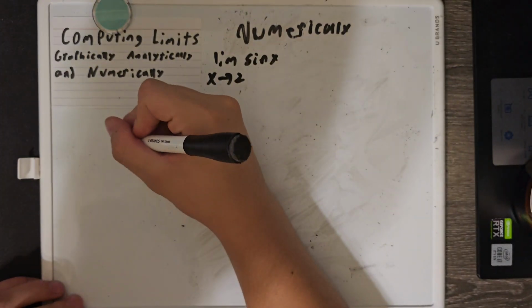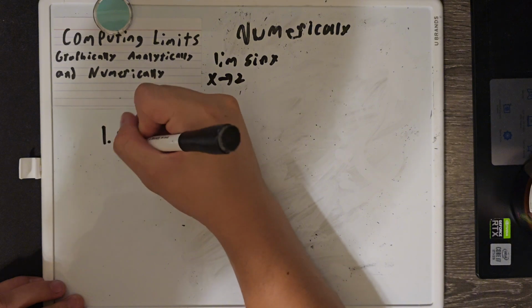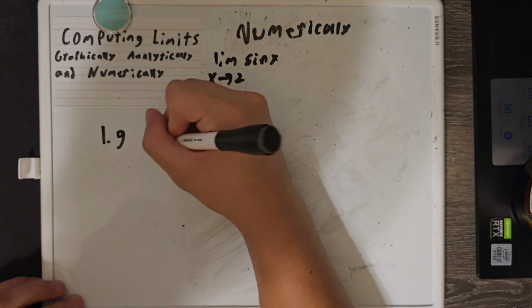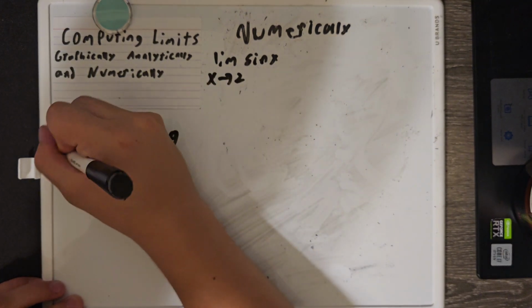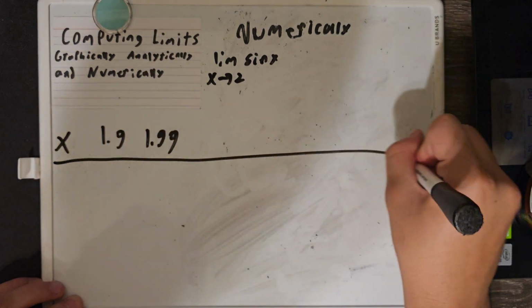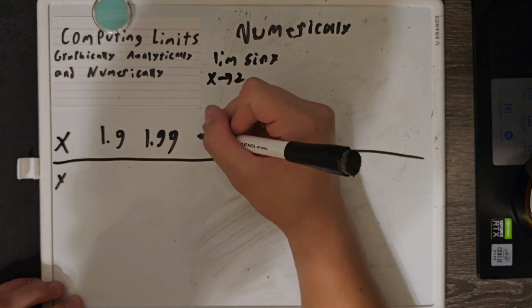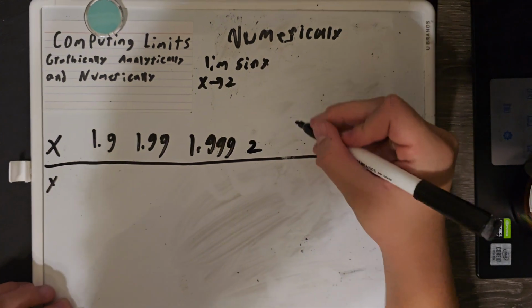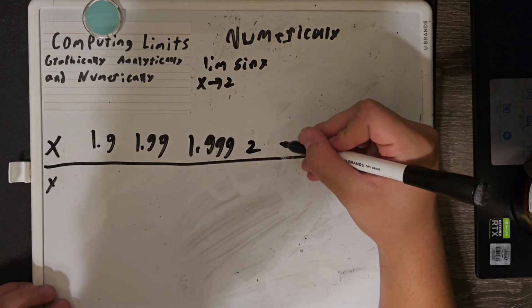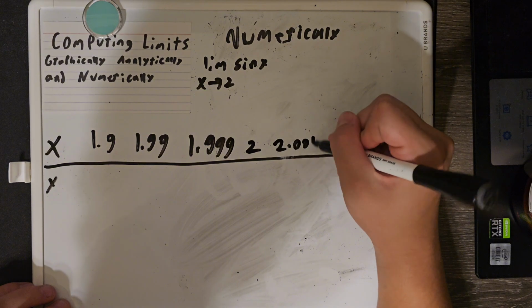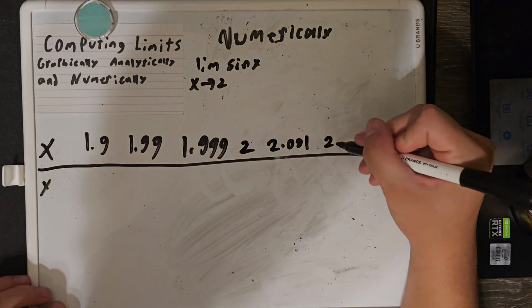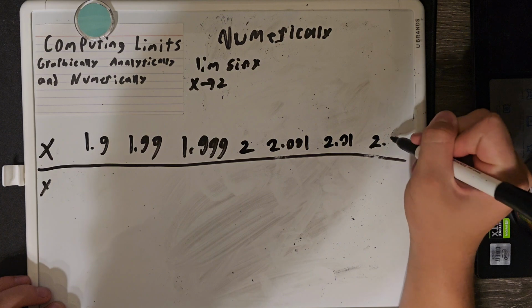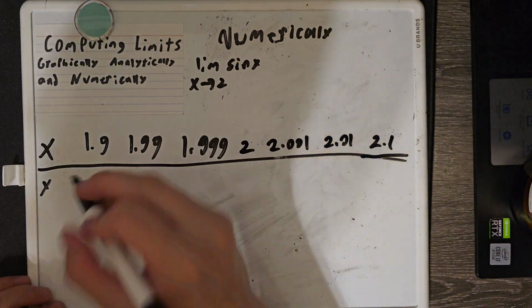So let's set up 1.9, 1.99, this should be x, this should be our y, 1.999, then you have 2, then you have 2.001, 2.01, 2.1 finally.